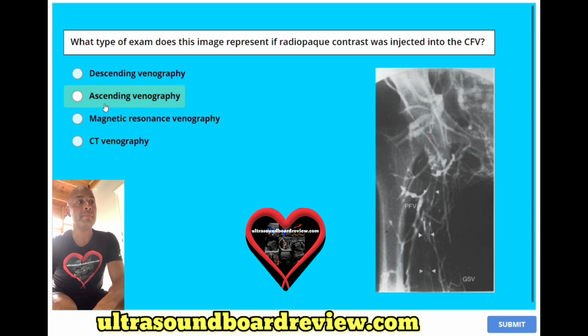A, descending venography, B, ascending venography, C, magnetic resonance venography, or D, CT venography. The answer is A, descending venography.